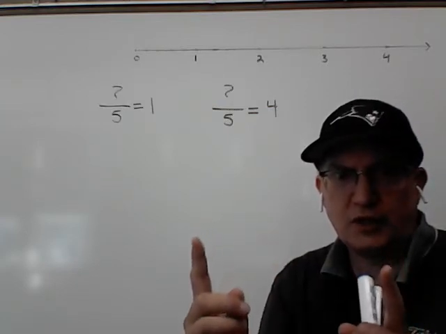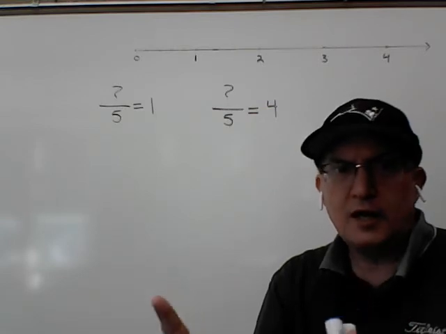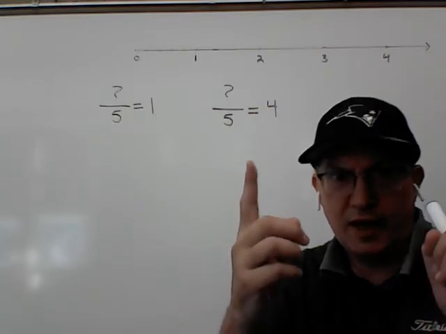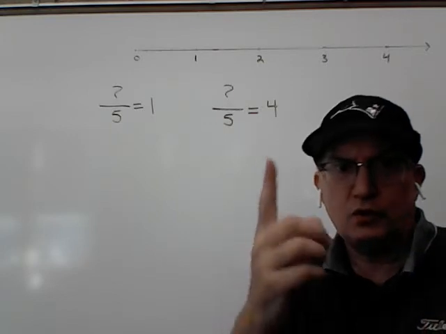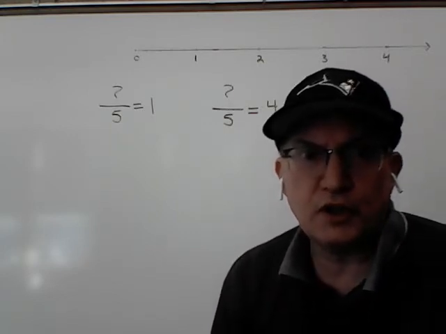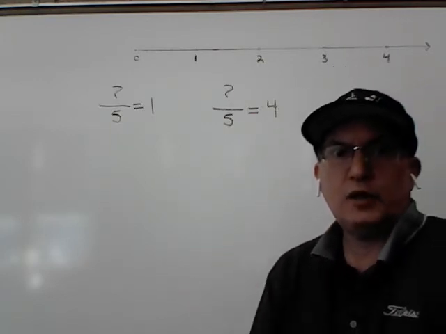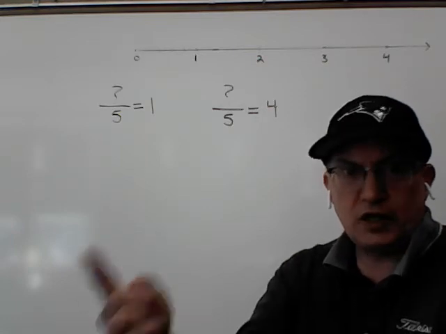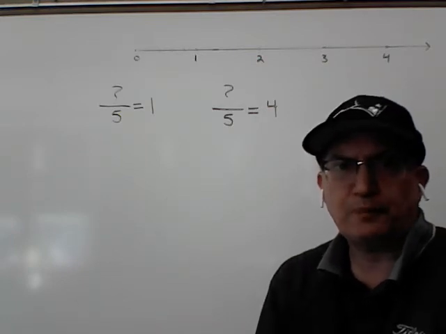The unit is the distance between 0 and 1, and then that distance is copied between 1 and 2, 2 and 3, and so on. So the denominator tells us how many equally sized pieces 0 to 1 has been divided into.